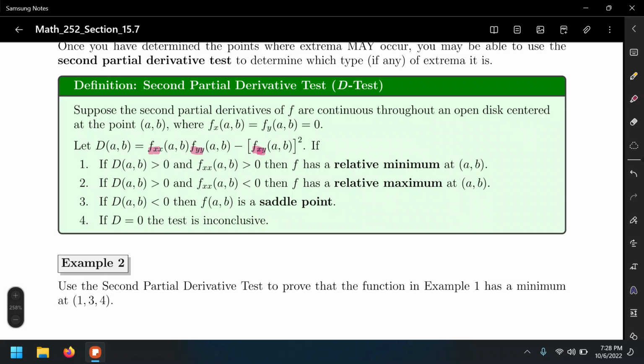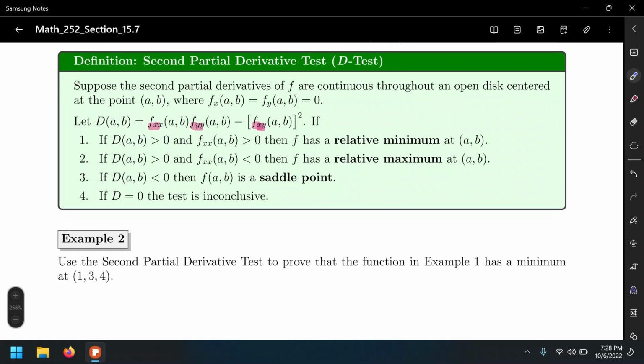So let's look at the conditions. Back when we used the second derivative test for functions of a single variable, if the second derivative is greater than 0, then minimum, because at that given point, let's call it C, C1, C2 for critical values, it's positive, so we have a happy face, a concave up.